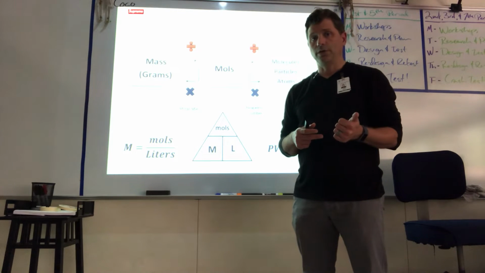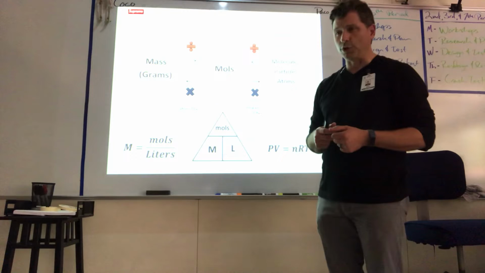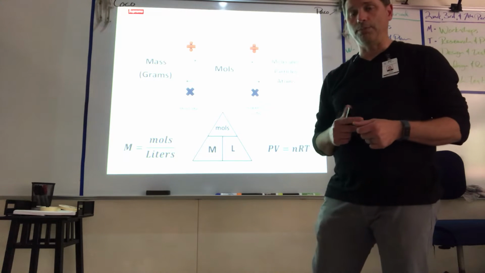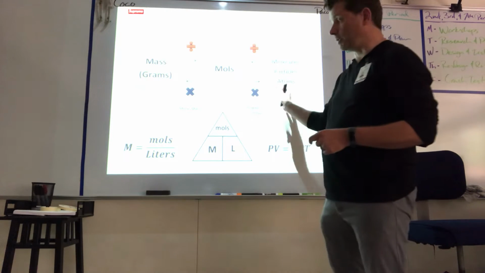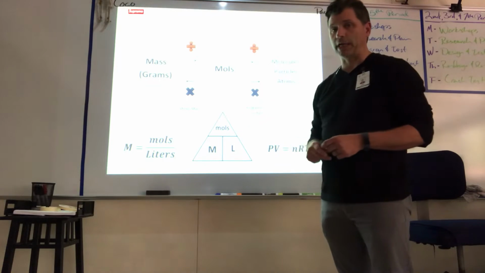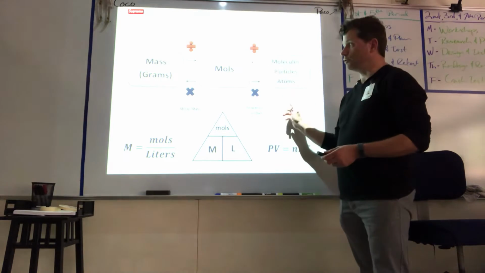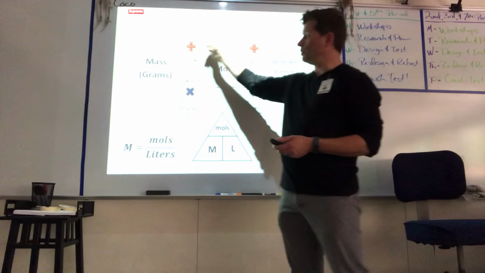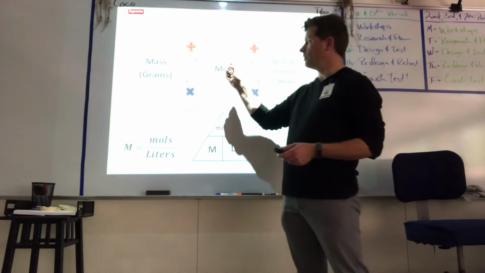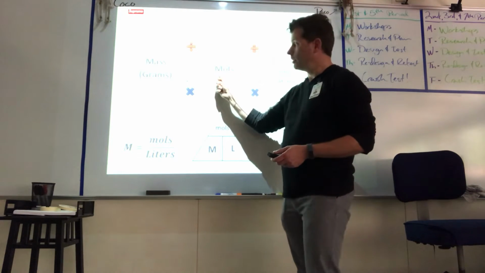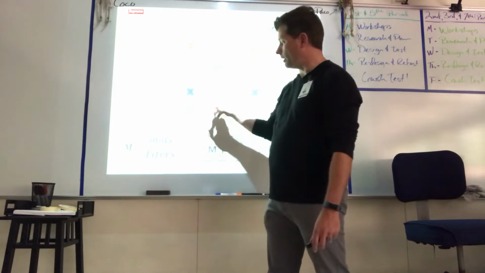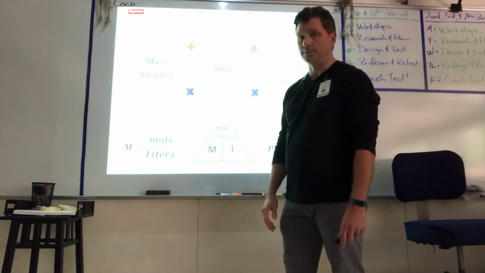When you walked in, you saw something on the projector, on the screen, and it's different than this. But let me go through this. This is what I showed you 2 days ago. I told you you would need to use this. If you have moles of something, you can convert it to grams by multiplying it by molar mass.